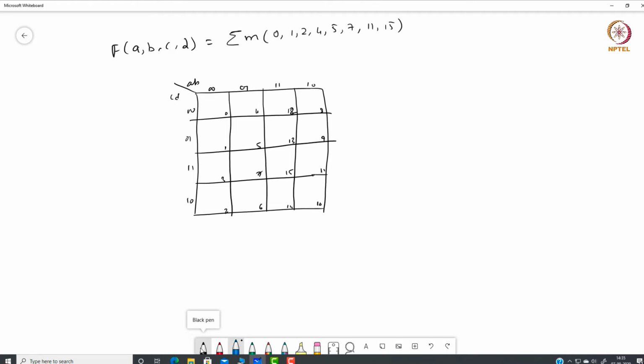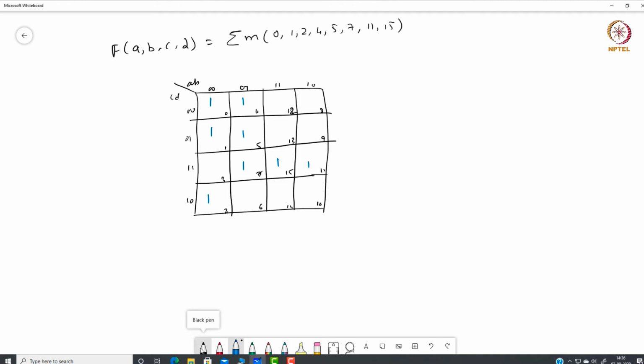Let us say the expression is f, sum of min terms 0, 1, 2, 4, 5, 7, 11, 15. Now this is the K-map. Let us see how to write this expression into a K-map. So this would be 0, 1, 2, 4, 5, 7, 11 and 15.